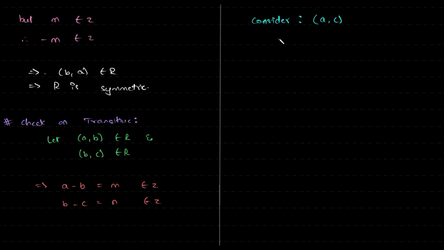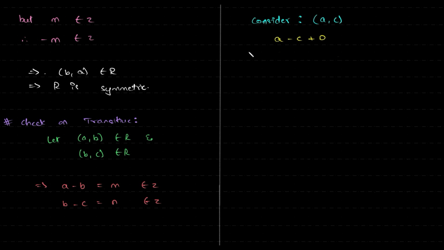So a comma c will result in a minus c. A minus c, I can rewrite as a minus b plus b minus c. How is it that I'm able to do that? All we did was, I'm going to add 0, right?